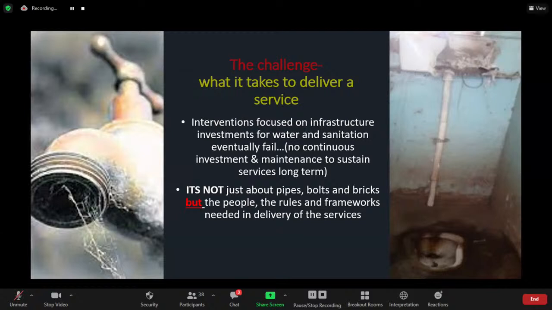We've also come to appreciate that it's not just about pipes, bolts, and bricks, which go into infrastructure, but that a better understanding of the people, the rules, and the frameworks needed to deliver these services is an integral part of ensuring sustainable service delivery.